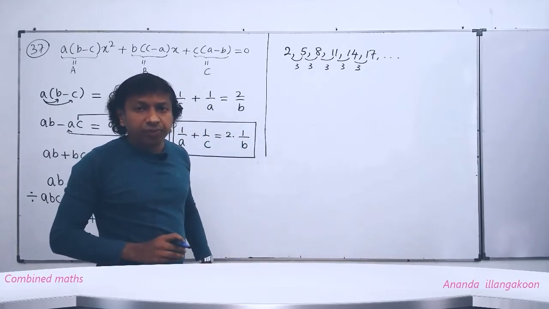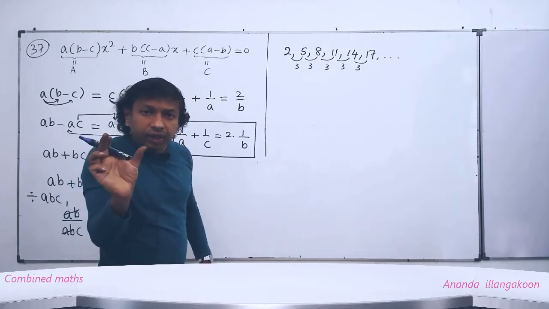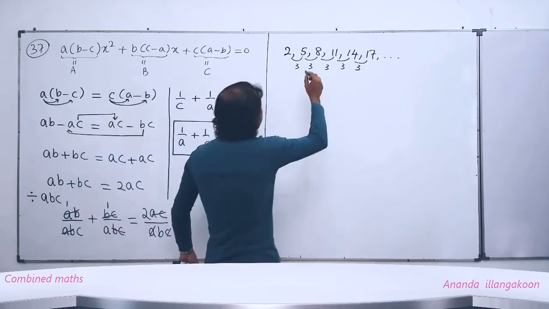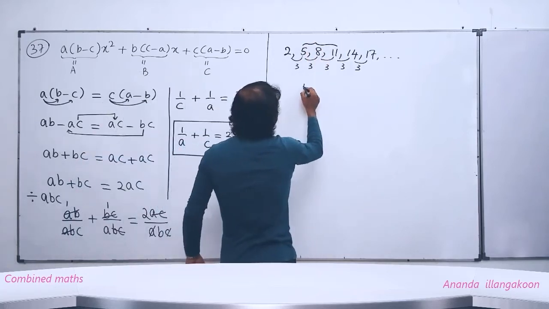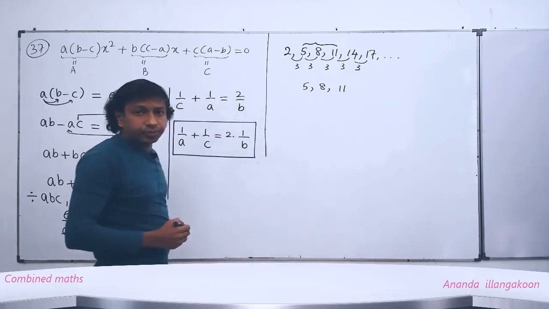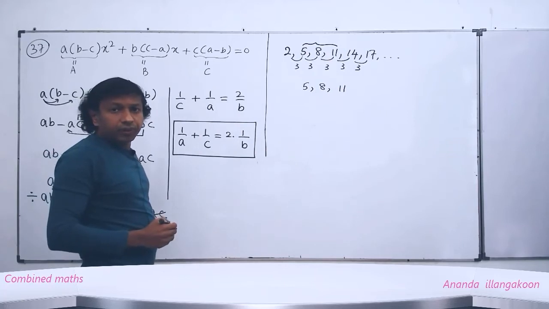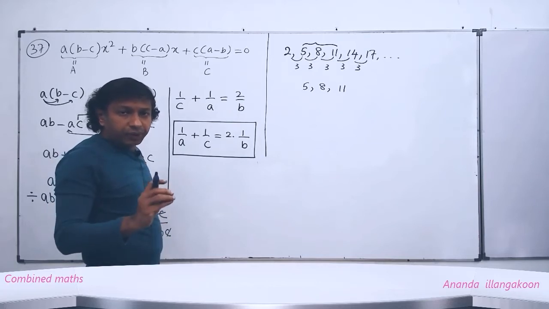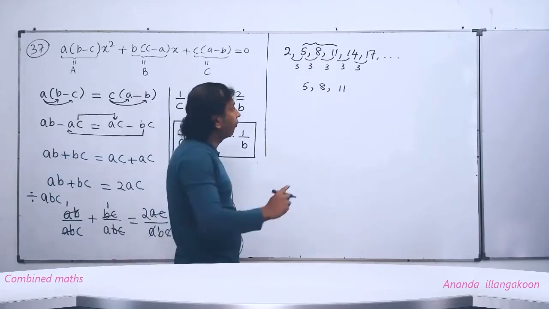Now, when we consider any 3 consecutive terms of this arithmetic progression, for example, if I take 2, 5, 8 and 11, among these 3 terms we can write a common property like this.